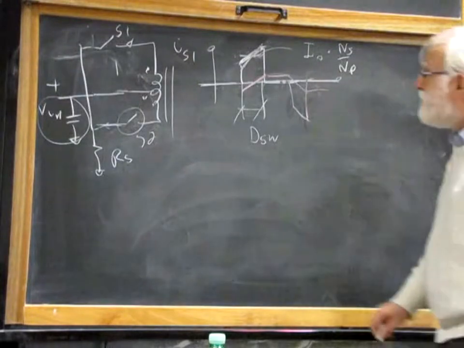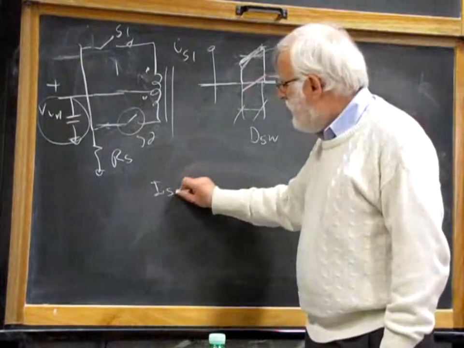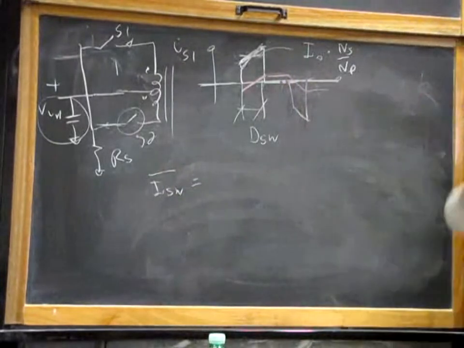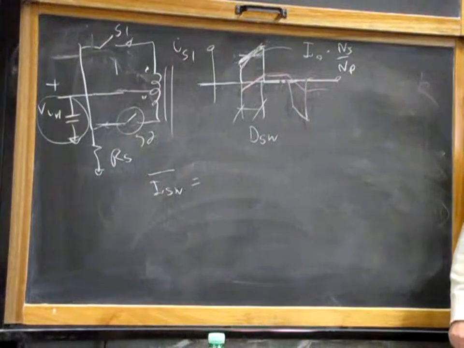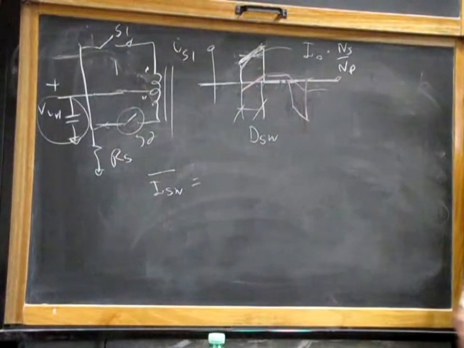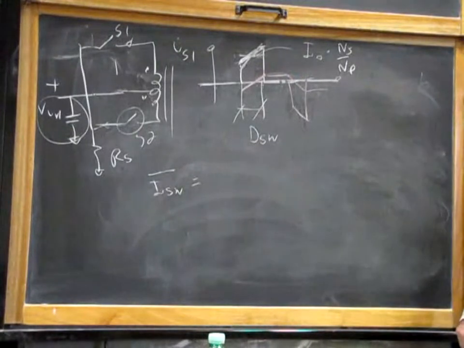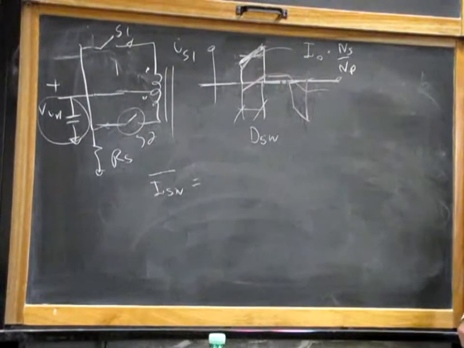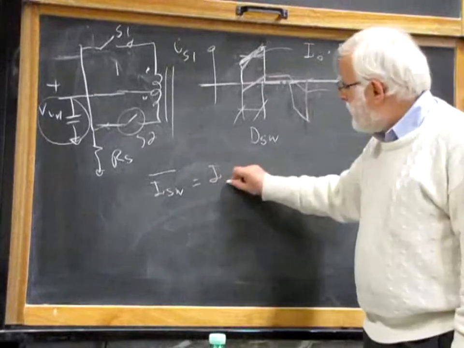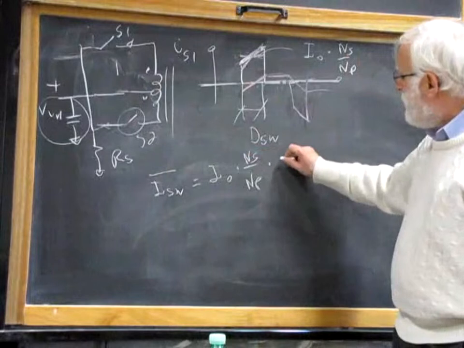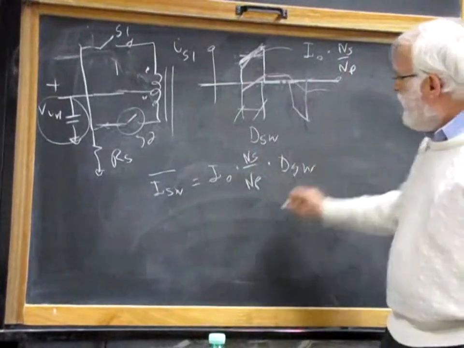What is the average of this waveform? I switch average is equal to I naught times NS over NP times the duty cycle of the switch.